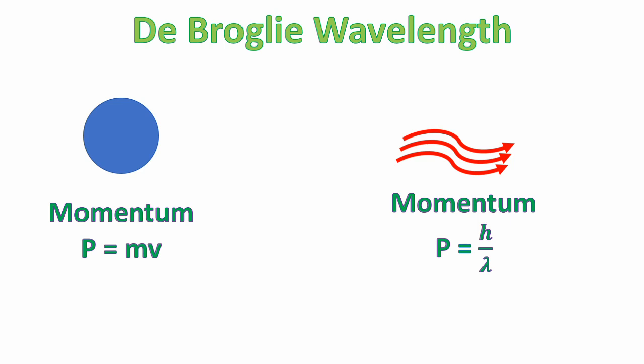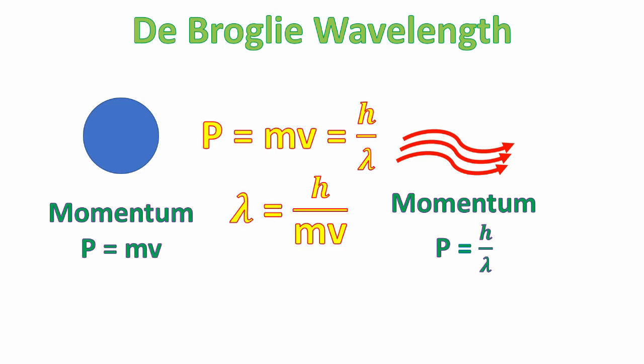So a particle's momentum is given by P equals mass times velocity, whereas the momentum of a wave is given by P equals the Planck constant divided by the wavelength. So if you equate the two momentums, you can solve for the wavelength, and this is called the de Broglie wavelength.